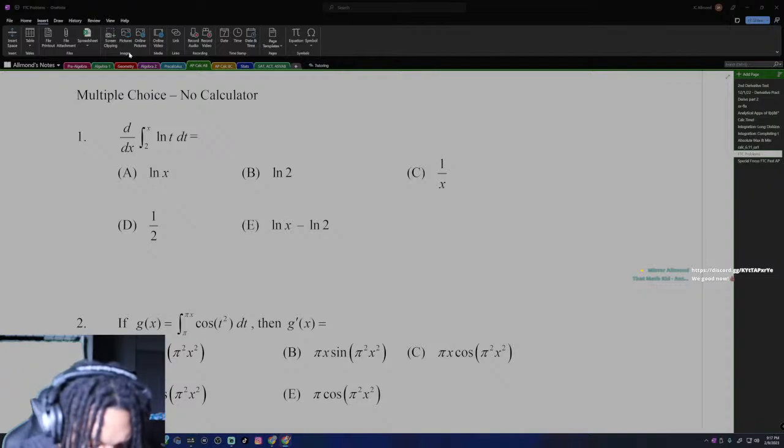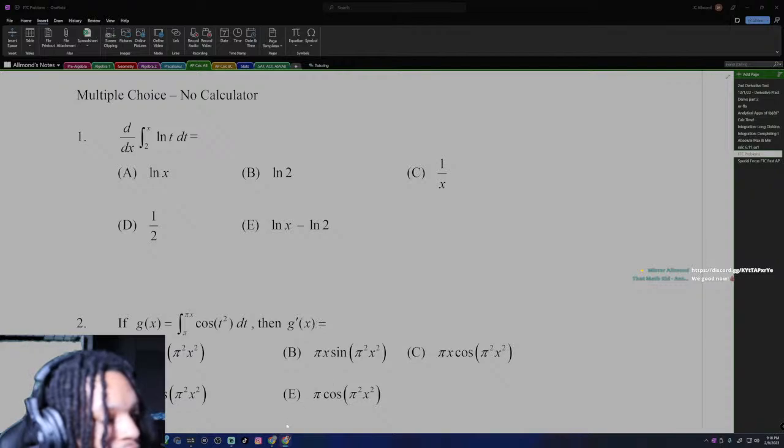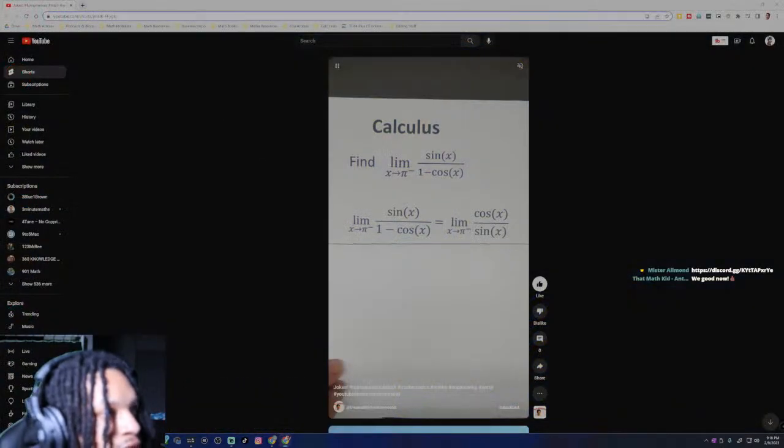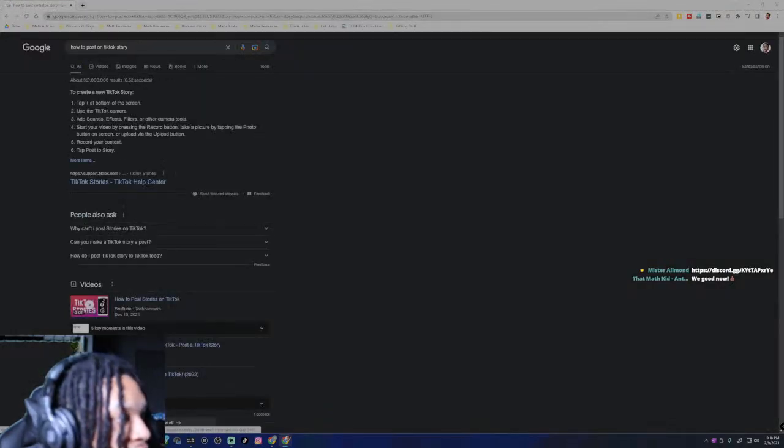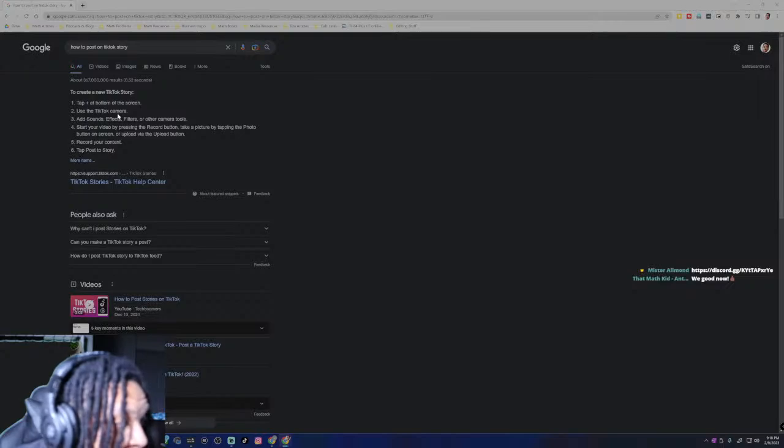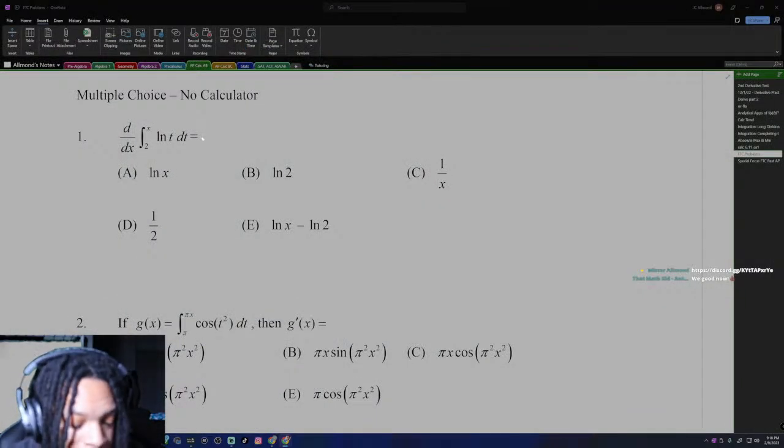There's gotta be a way. Is that not a thing anymore? I don't know, bro. Wait, can you, hold on. One moment again, please. Is that a thing? Tap plus at the bottom of the screen. Use a camera, start. Okay. Oh, I just gotta make the post and then post it to my story. Okay, bet.